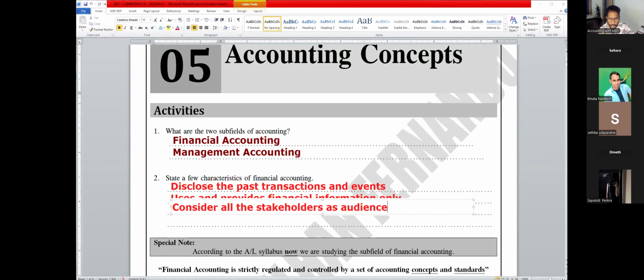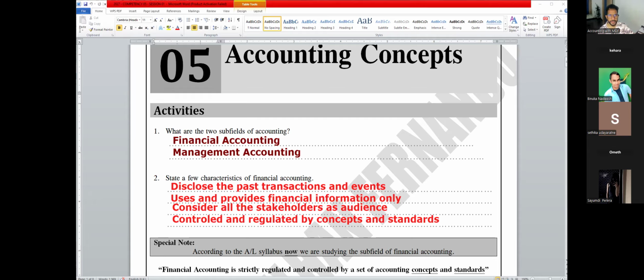But I want you to write down this last one because of this particular lesson: regulated and controlled by concepts and standards. So these are the 4 things that I'm going to write down here. You can use whatever you like, but the last one is very important. Please write this one down: controlled and regulated by the concepts and standards.